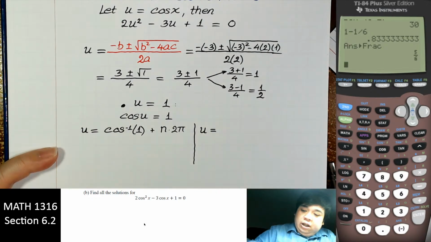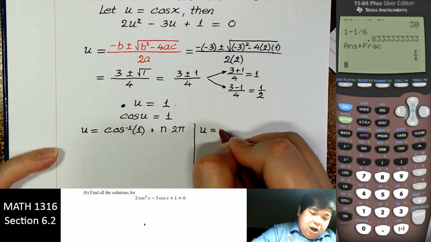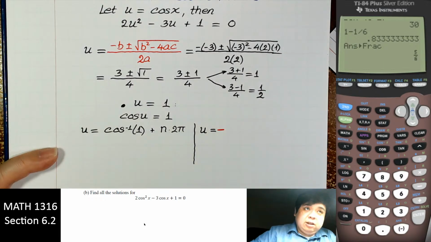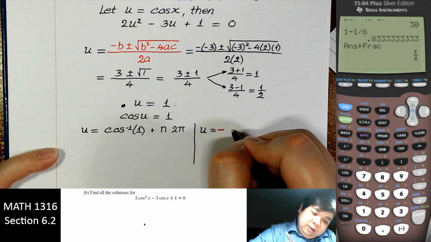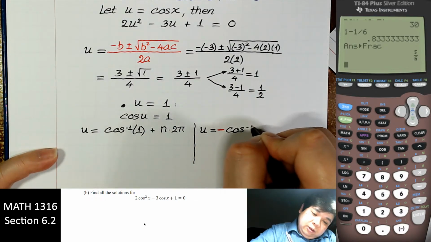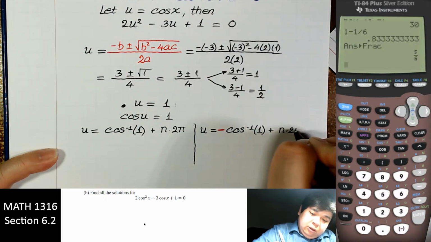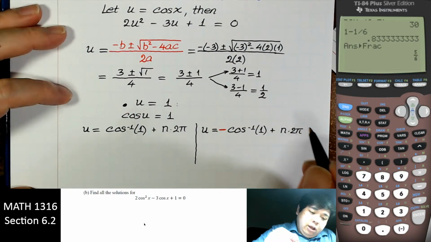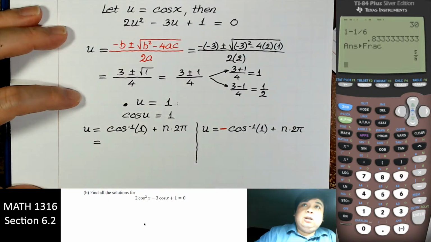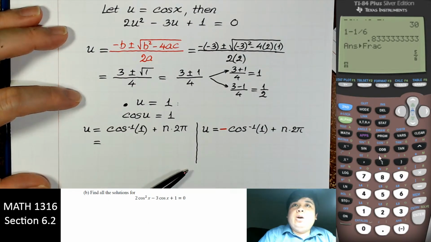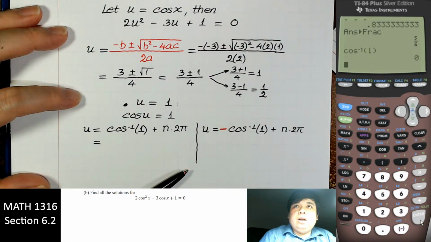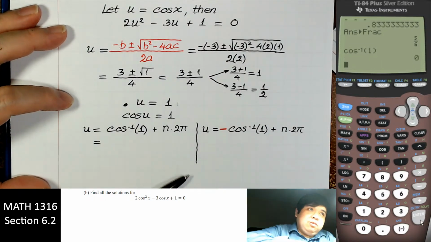Or it's going to be, for cosine, the opposite. Cosine inverse of 1 is 0.